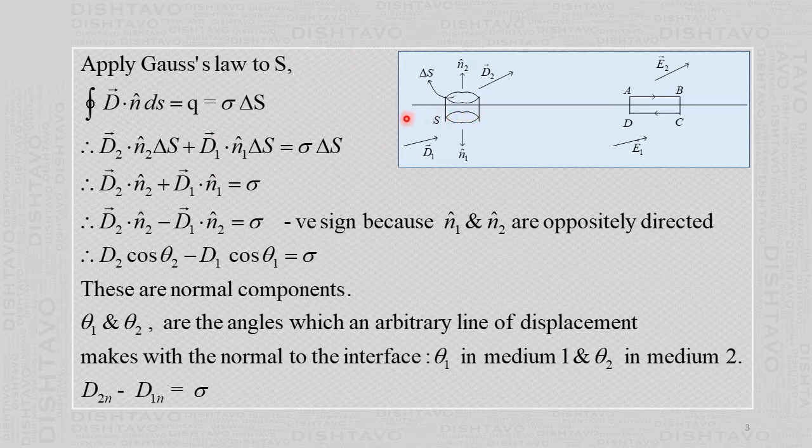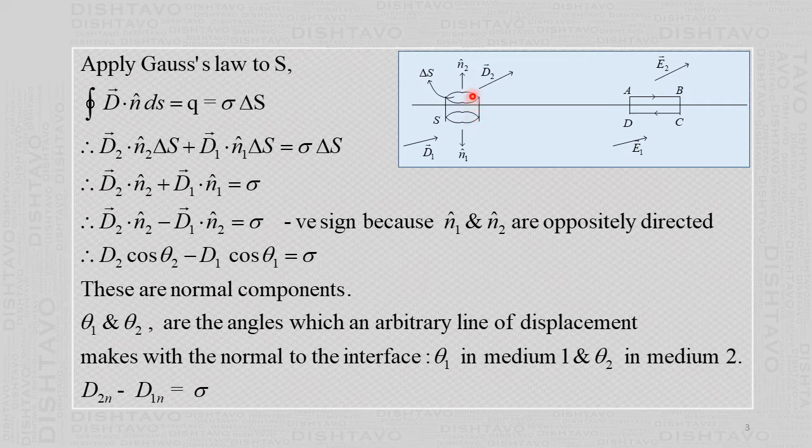Now Gauss's law is the surface integral, a closed loop integral because this is a closed surface, of vector D dot n cap dS, and that is equal to the charge enclosed, and as we have seen in the previous slide, the charge enclosed is sigma dS. This integral covers the upper surface, lower surface and the curved surface, but the height is negligible, so that part will be neglected.